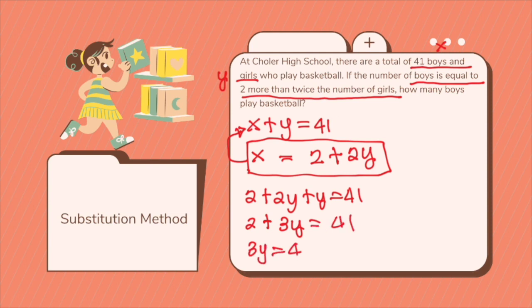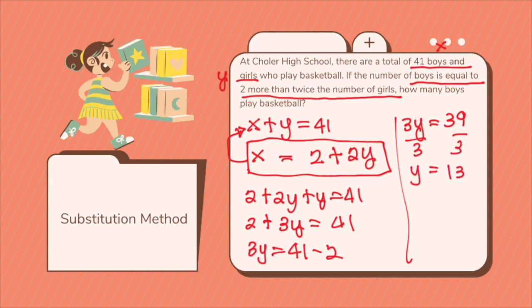3y equals 41 minus 2. That will give you 39, and then divide this by 3. Therefore, y is 13. That is the number of girls.